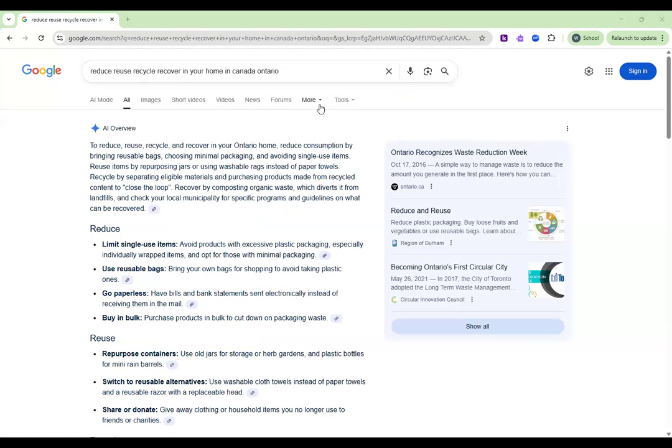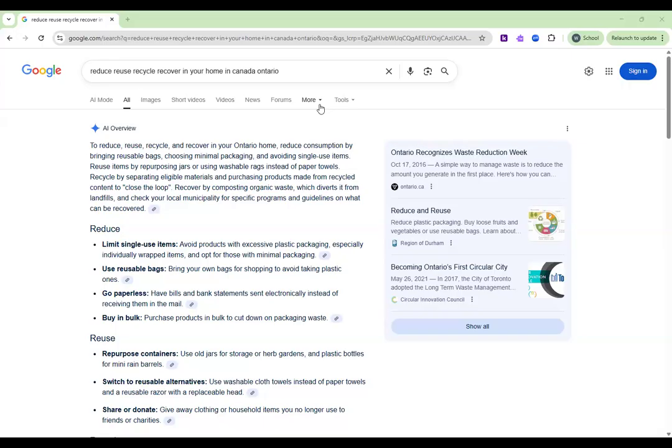So these are some of the things that apply everywhere, but in particular, we're looking at Ontario. We are looking at all the ways of the 4 R's that we can reduce, reuse, recycle, and recover.